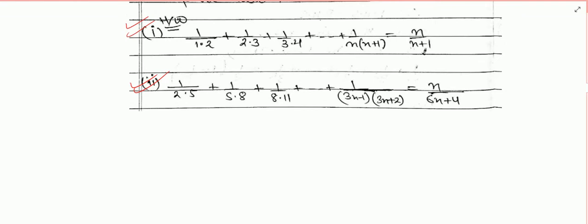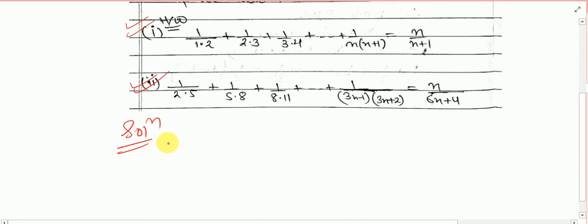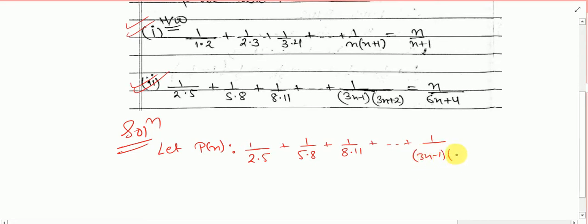So question number 2, solution. Let Pn: 1/(2·5) + 1/(5·8) + 1/(8·11) + ... + 1/((3n − 1)(3n + 2)) = n/(6n + 4).